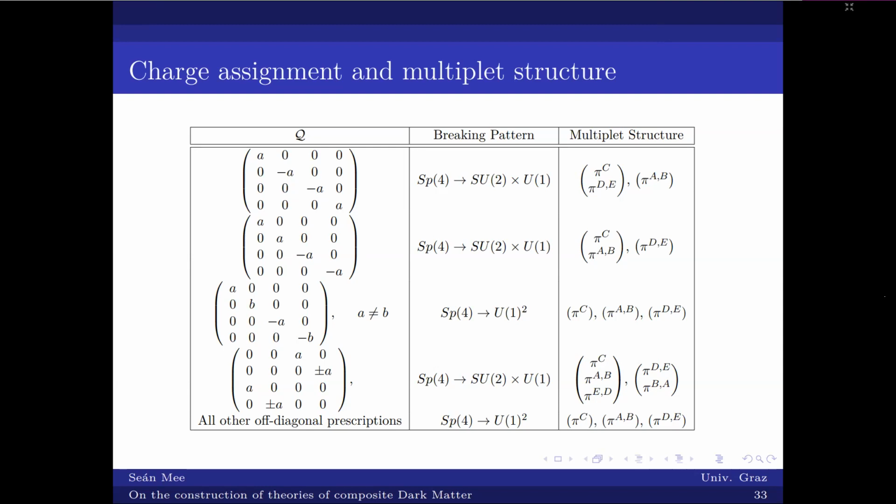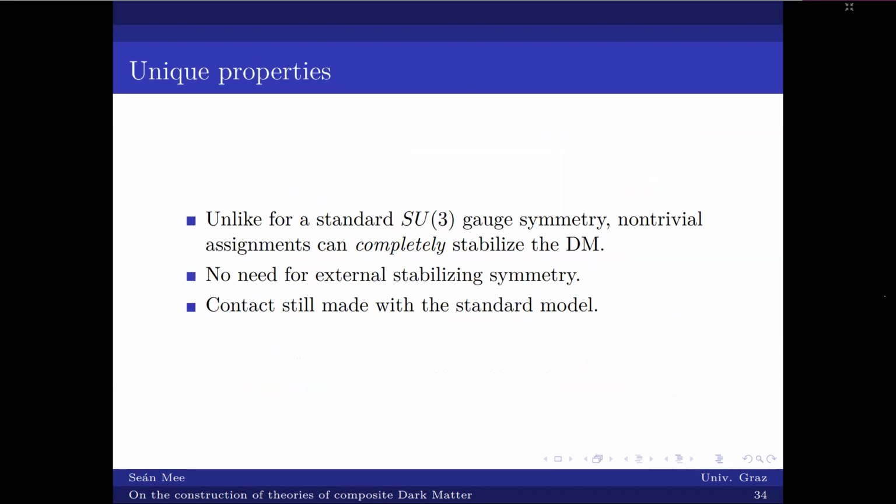So they still have some conserved quantum numbers which protect them, even in the presence of a non-trivial charge assignment. That's another interesting aspect of this theory: you can have dark matter which talks to the standard model through this sort of portal and still protect it, which isn't true for standard SU3, as I say. Non-trivial assignments can still completely stabilize the DM. We don't need any sort of external stabilizing symmetry.